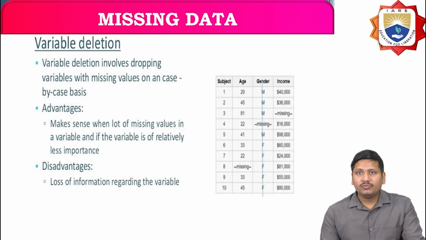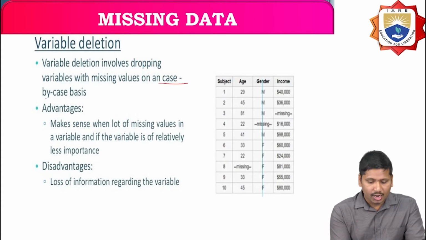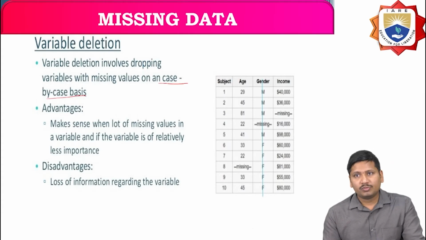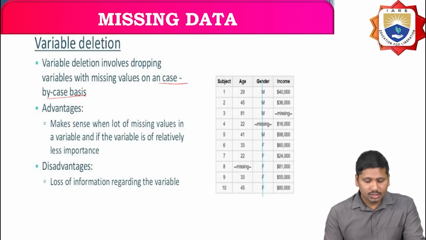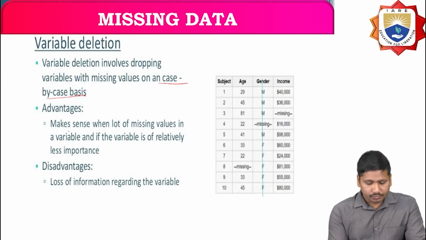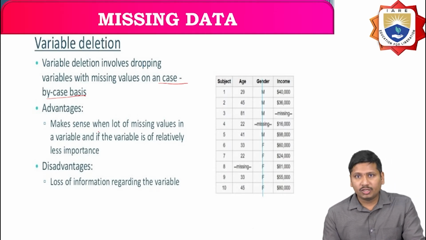The next one is variable deletion. Variable deletion means we drop the variables with missing values on a case-to-case basis. In case-to-case basis, we drop the variable which has the missing values. The advantage is that it makes sense when there are a lot of missing values in the variable, and the variable is of relatively less importance.